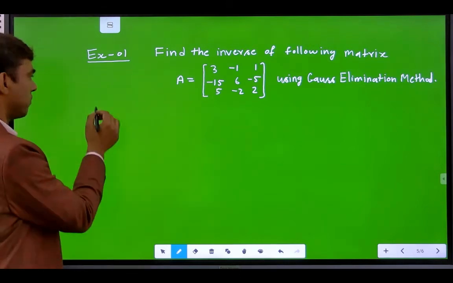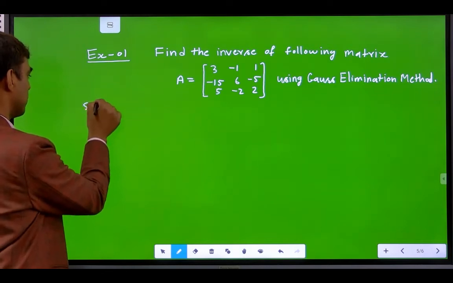So what is the first step? The first step is to find the solution.